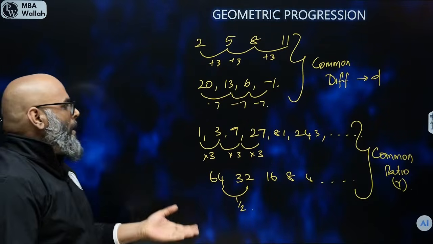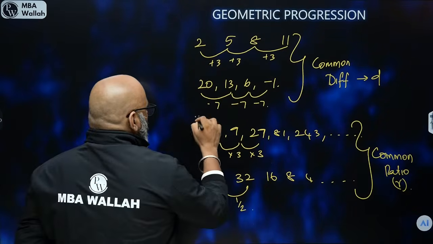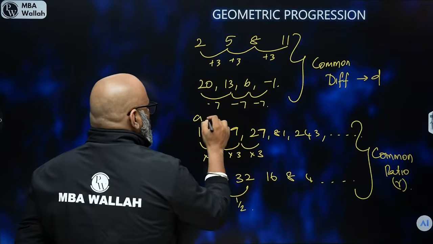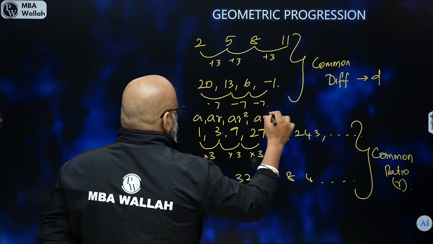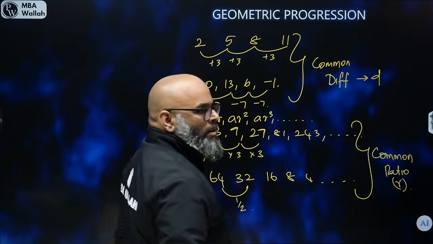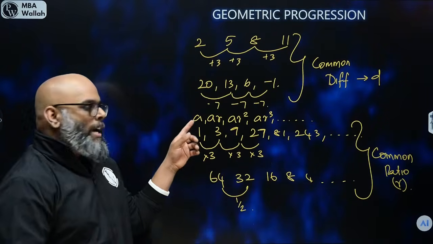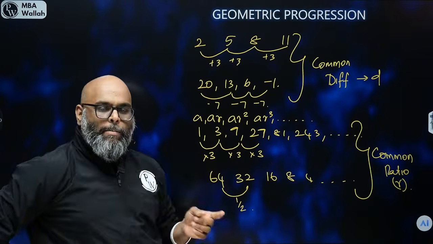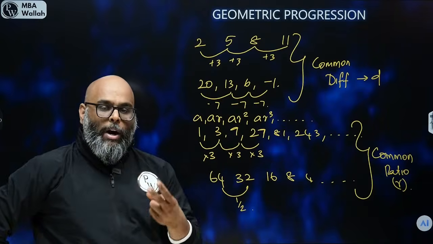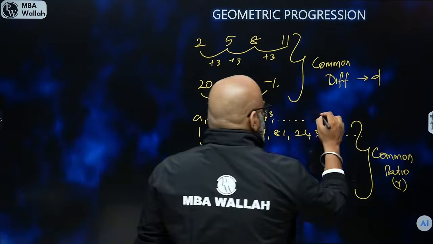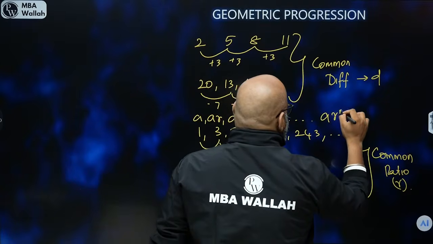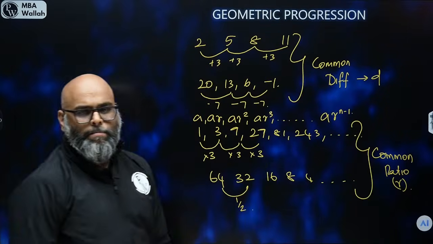The generic pattern of this would be A, and then you are multiplying by R the first time, AR square, AR cube. So the nth term: the first term has 0 R's, the second term has 1 R, the third term has 2 R's. So the nth term will have n minus 1 R's, or we say A into R power n minus 1.